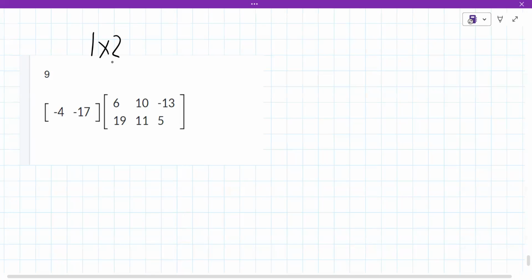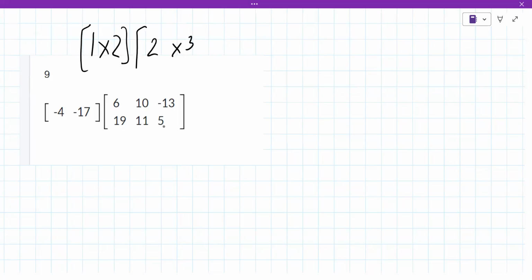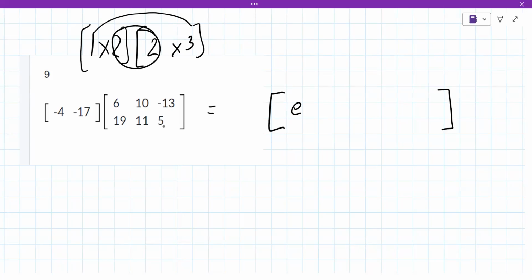And then this one on the right is 2 rows, but 3 columns. All right, so what that means, since the inner dimensions match, the outer dimensions tell you your answer. It's 1 row, but 3 columns. E11, E12, E13.